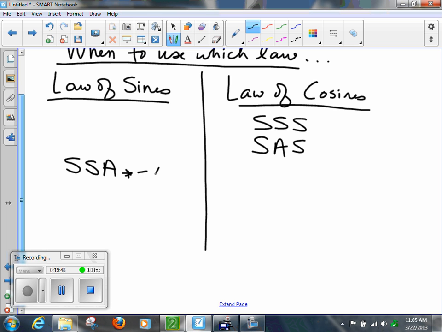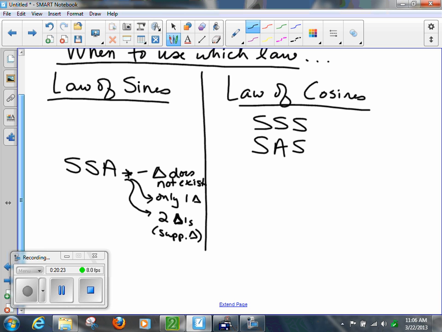You should write, triangle does not exist. That's the first option. The second option is only one triangle. And your third option is two triangles exist, because of that supplement triangle. So there are some weird things going on with side-side-angle. I know that totally goes back to that.